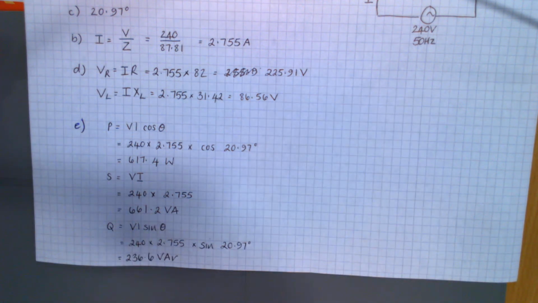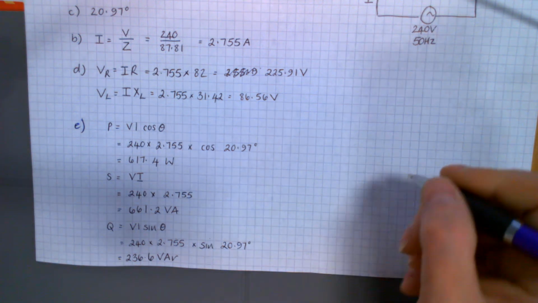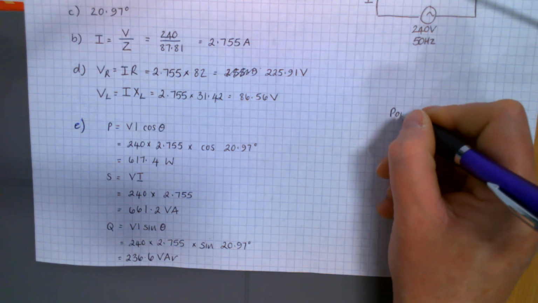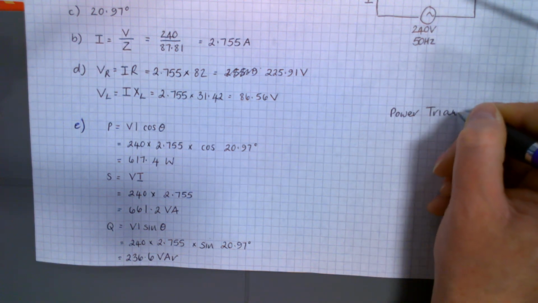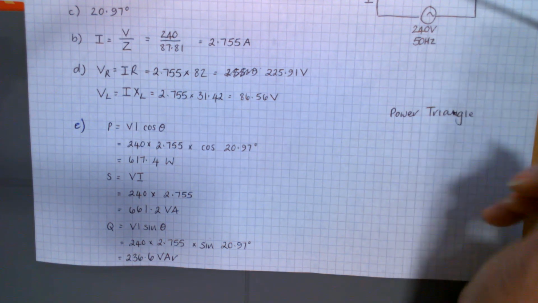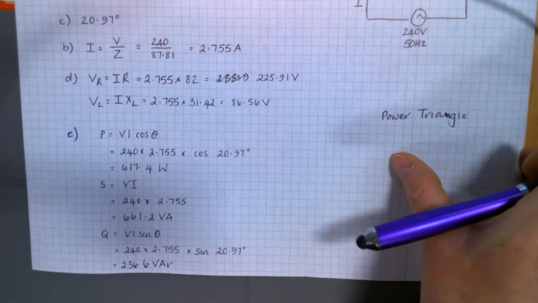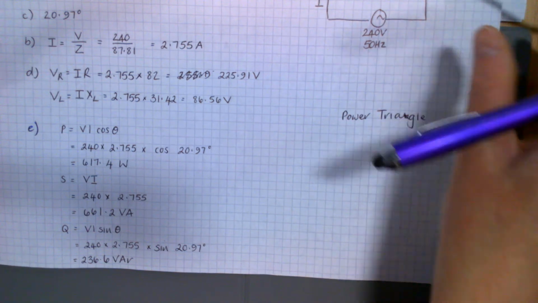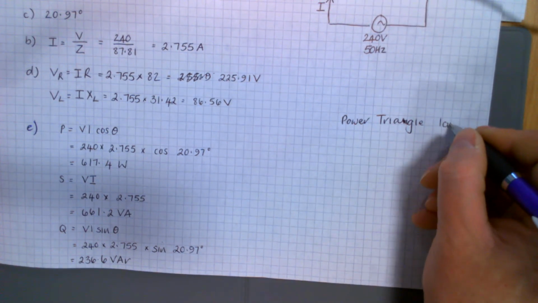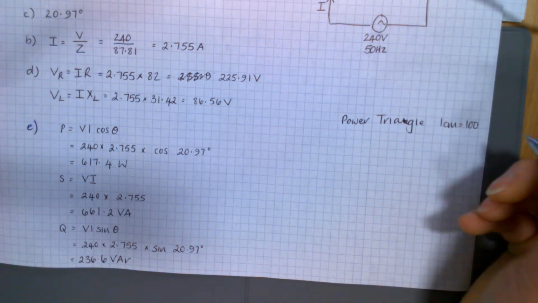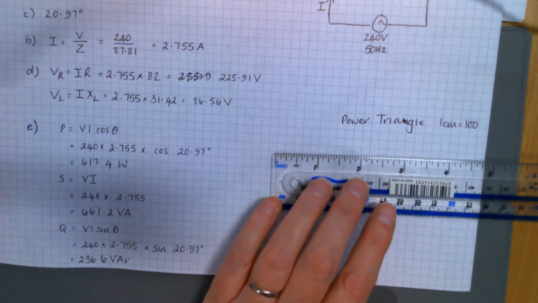And then just to make sure I'm absolutely right, as a final wee check, I'm going to draw a power triangle. So I'm going to draw it over here. Again, I'm going to choose a scale for it. Just going to make it quite easy. 1 centimetre equals 100 watts or something. My P goes across in this direction.